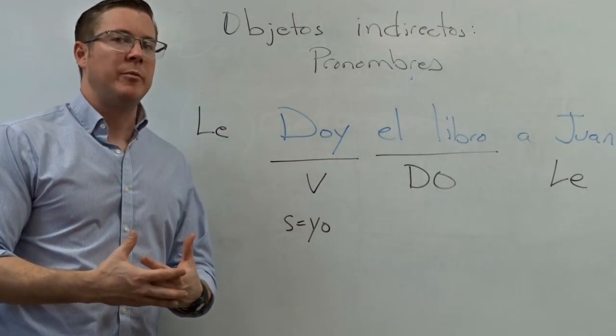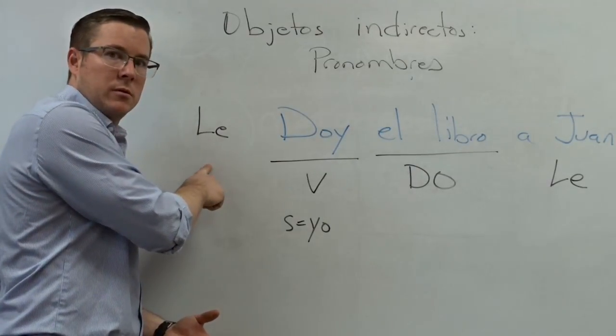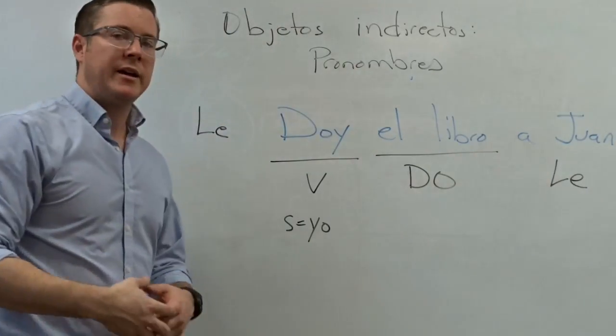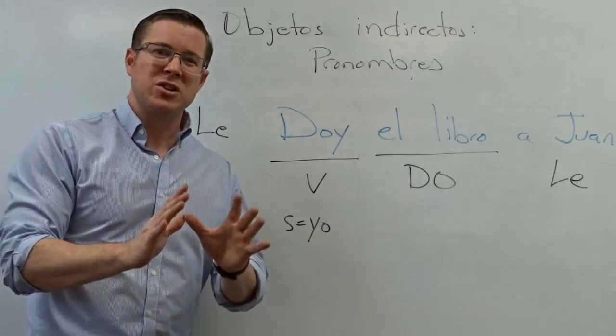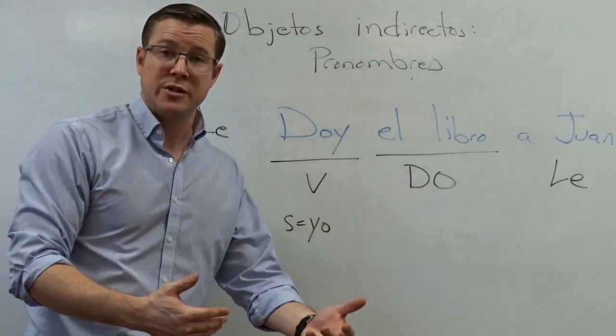Whenever I have an indirect object in the sentence, I want to make sure that I'm using the pronoun. This part here, a Juan, I consider that to be optional. It can be there for clarification, and it's especially good to clarify sentences where the indirect object is in the third person.